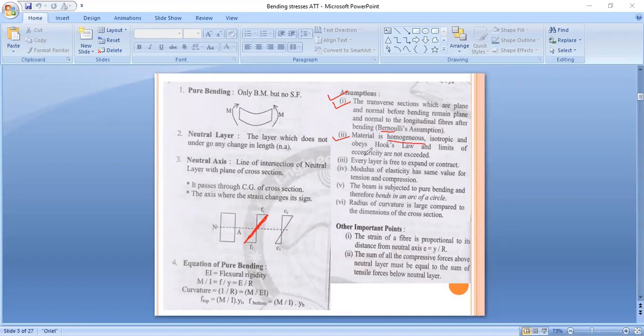In the last lecture we discussed, when we say material is homogeneous and isotropic, elastic properties are the same with respect to direction or at any point.